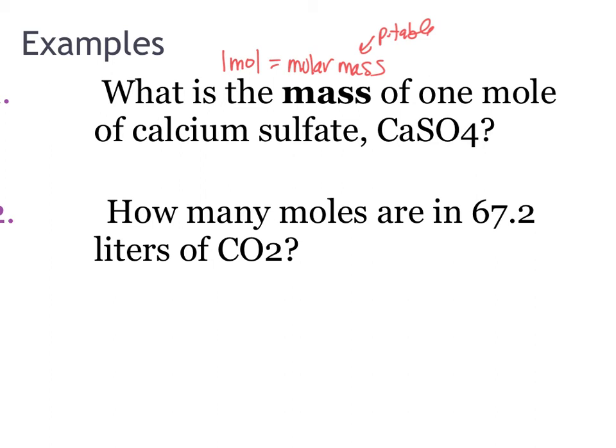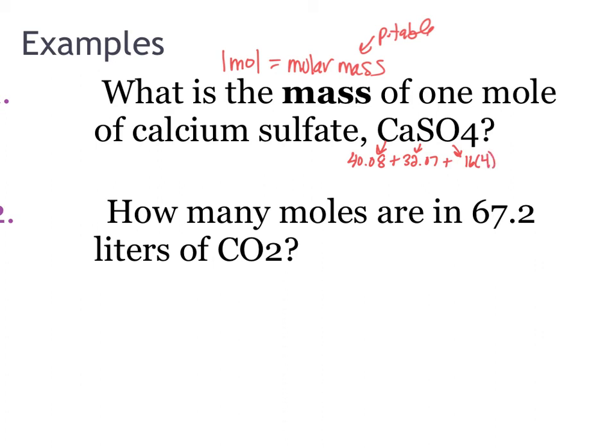Just looking at the periodic table that I have in front of you, I know that calcium has 40.08. I'm going to add these masses together. Sulfur is 32.07 and oxygen is 16, and there's 4 of those because that's what that subscript 4 shows me.